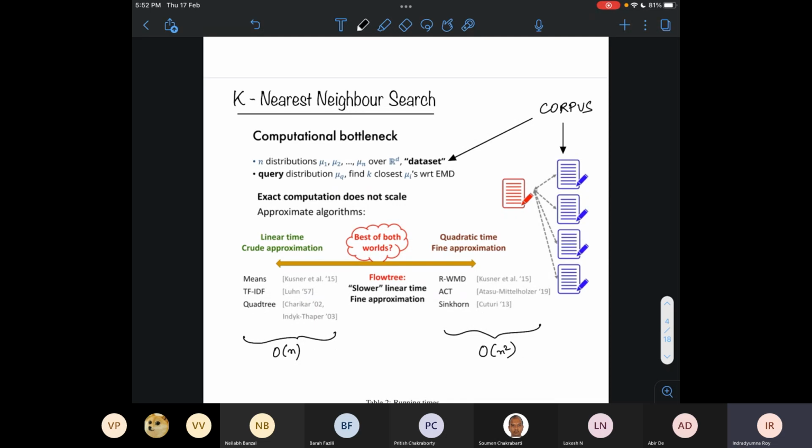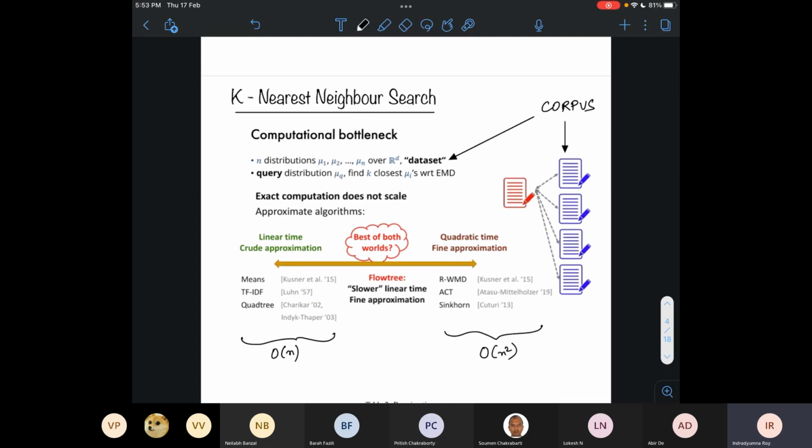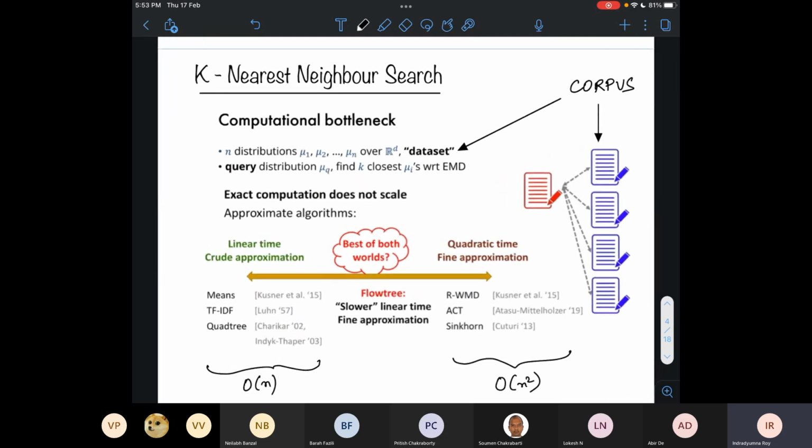We have this document corpus represented by the blue squares, and each document can be visualized as a distribution, like we have just discussed, a distribution over the words. So let's say you have these n distributions, mu_1 to mu_n, over some d-dimensional space. That's our corpus dataset. Now you're given the query represented by this red item, and you want to find the closest item in the dataset to this given query, or maybe the k closest items.